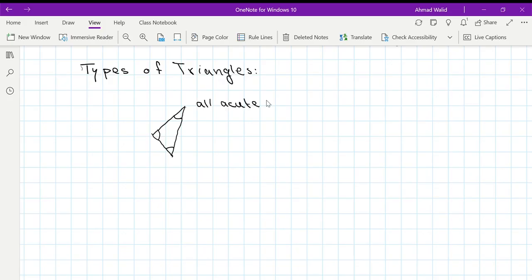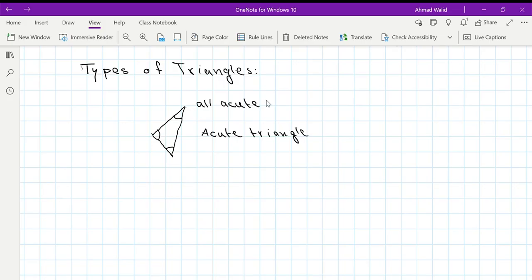It means these angles are less than 90 degrees, correct? Then I'll call this triangle an acute triangle, when all three angles of a triangle are less than 90 degrees.